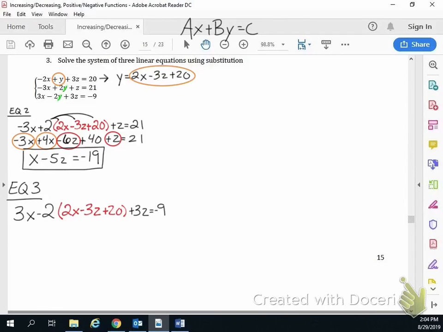So we re-plug in that equation again into the third equation. Yes, it's the same process again. It's the exact same process with the third equation.